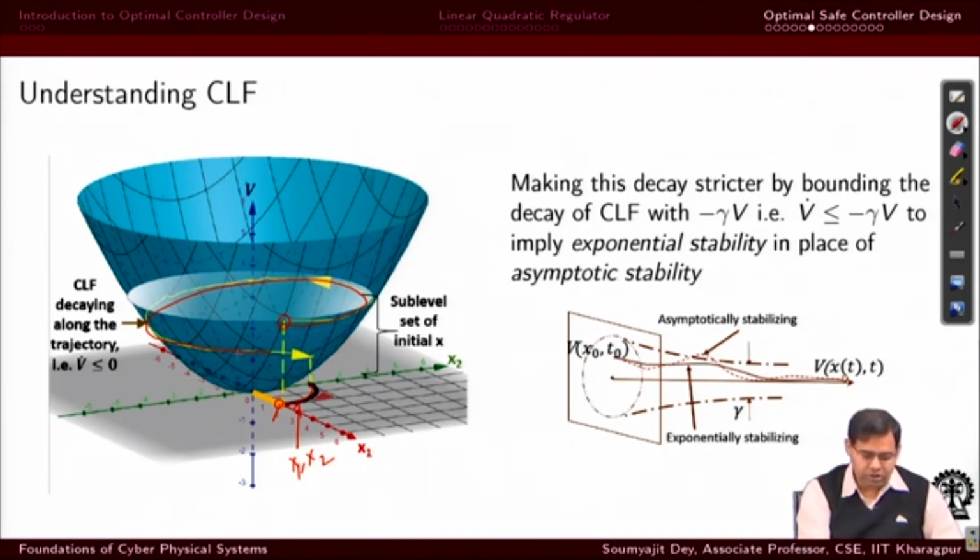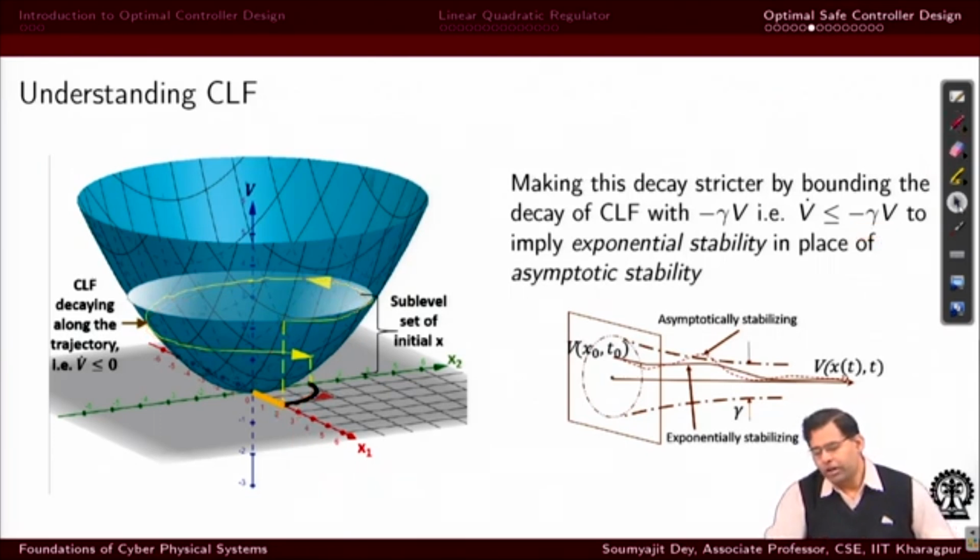Of course, it is positive, but it is decreasing, and if I plot the value of V as a function of time, you see that it is decreasing like this, and somehow we are also able to guarantee that it is satisfying this rate of decay, because with that only I am enforcing the constraint. Fine.